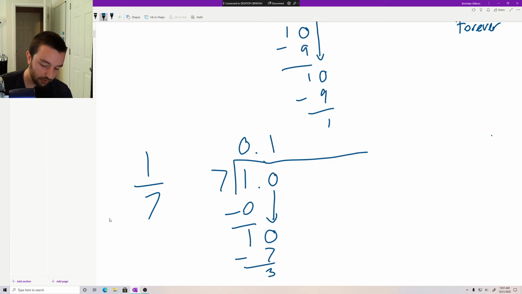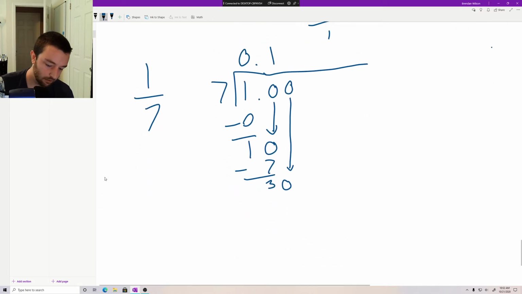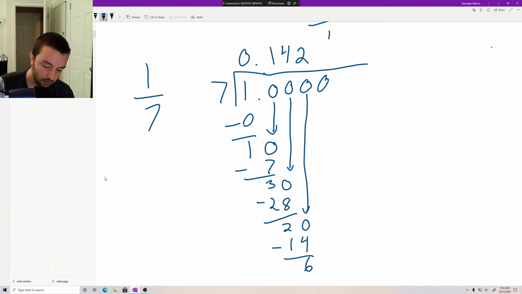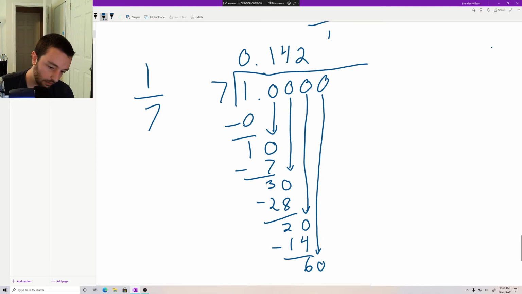Right, and we got 3 left over. 7 goes into 30 4 times. 7 times 4 is 28. 7 goes into 20 2 times. So nothing's repeating still. Okay. 7 goes into 60. Was that 8 times?